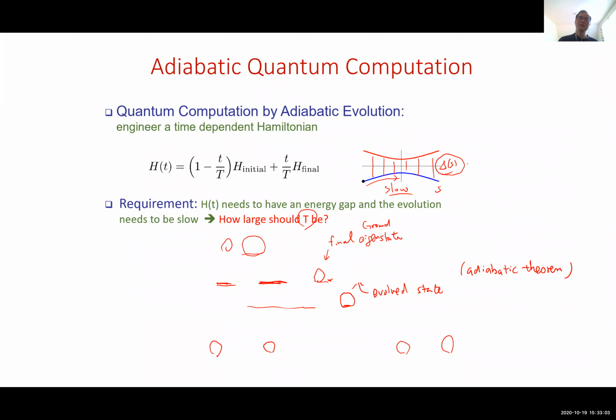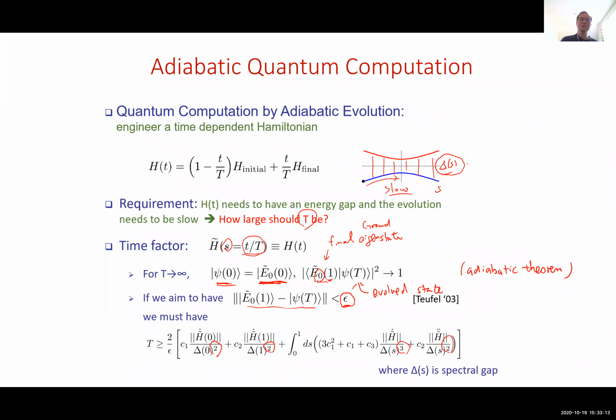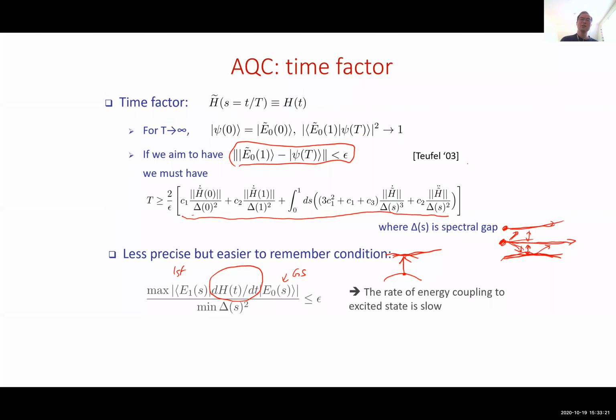You want there to still be a finite gap between them, but this gap may become smaller and smaller as you have more and more qubits. And the smaller the gap, the slower you should go, right? And this T expression basically tells you the time factor, how slow I should go.